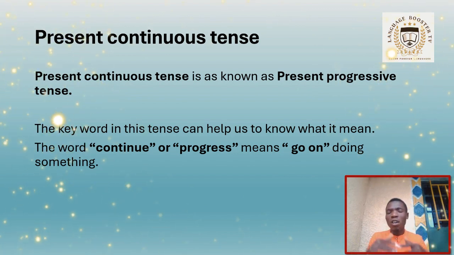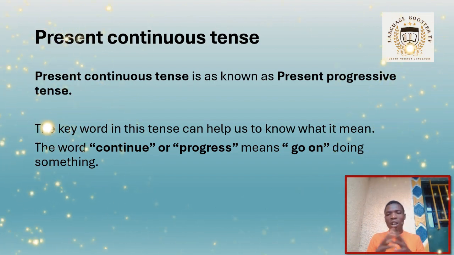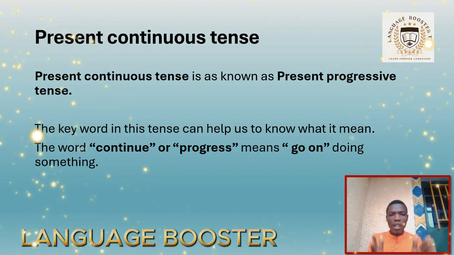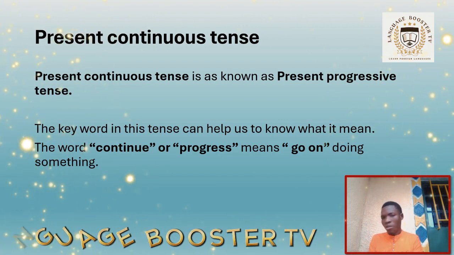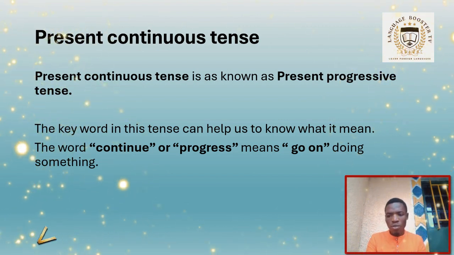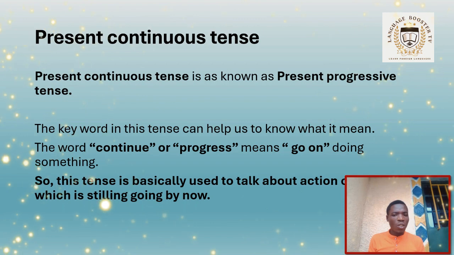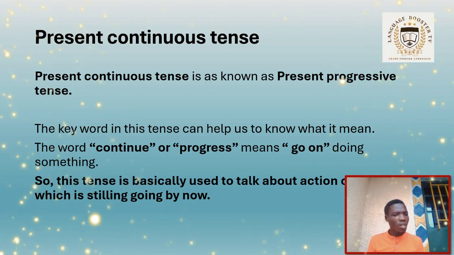It means go on doing something. So when we combine them together, you can learn what this tense is about, when it can be used. So this tense is basically used to talk about an action or an event which is still going on by now.